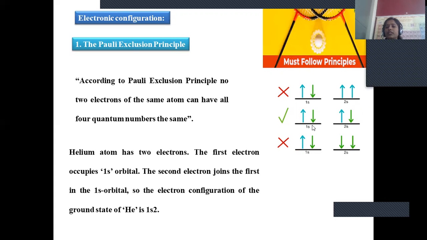Two electrons with opposite spin and two more electrons with opposite spin will be the correct representation. Two electrons with opposite spin and two electrons with only downward spin is also not possible. Only the middle one is possible for beryllium, where 4 electrons are accommodated, right?